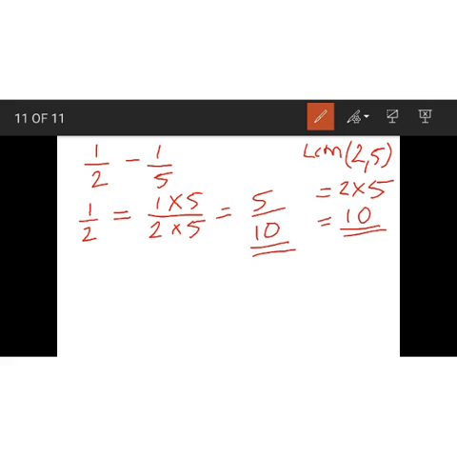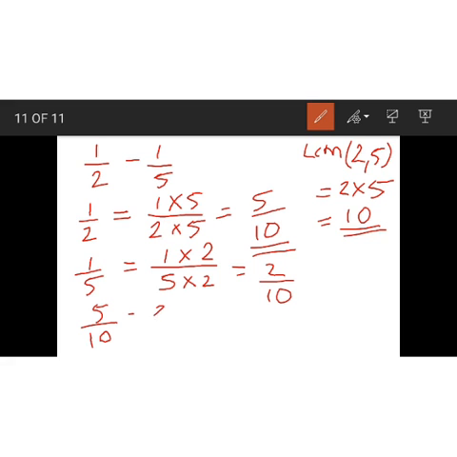Then what about the next? It is 1 by 5. So we will have to multiply it with 2. We multiply the numerator also so that this becomes 2 by 10. Now we have to subtract them. 1 by 2 minus 1 by 5 means 5 by 10 minus 2 by 10.